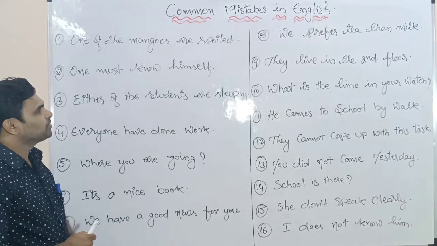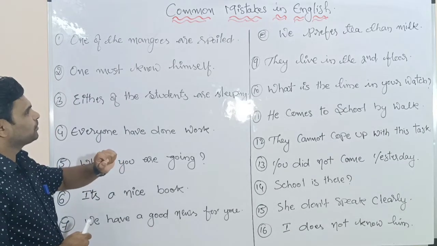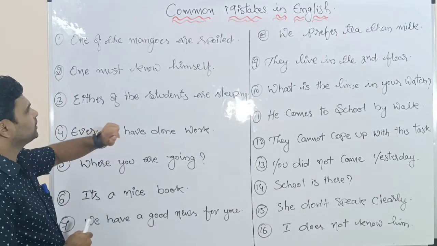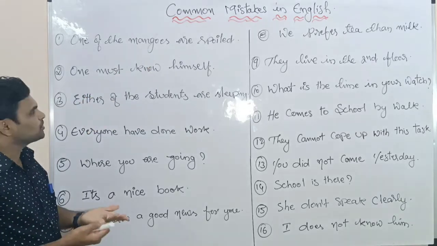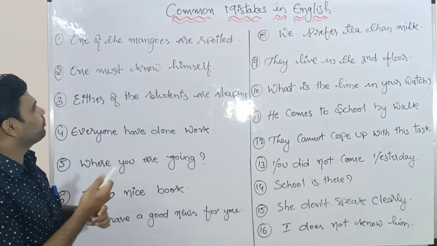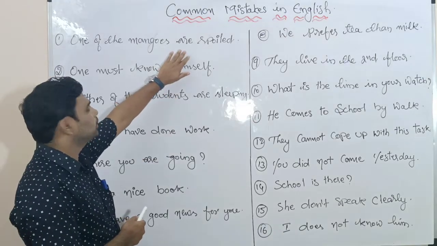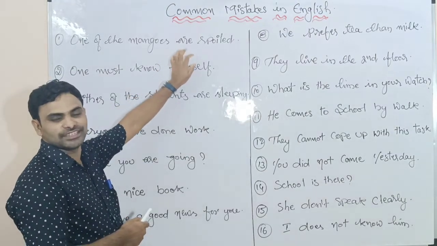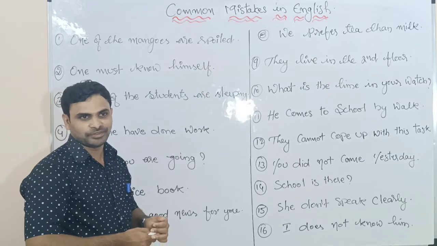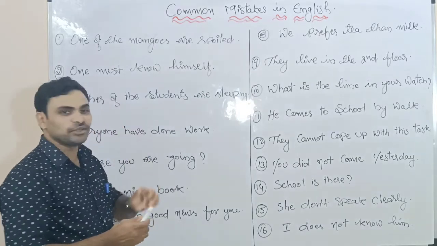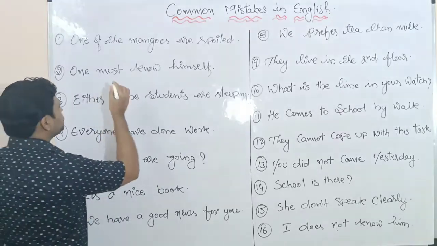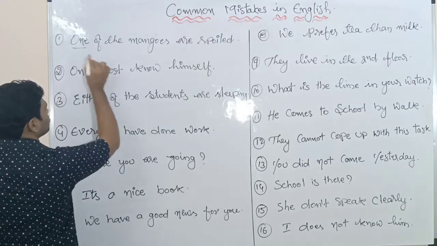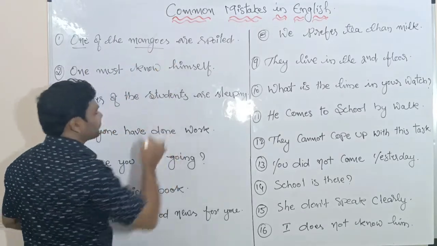Yes, many students, many people think that mangoes is plural, so the auxiliary verb should also be plural, that is are. But that is not so. Understand, we speak about one of the mangoes.